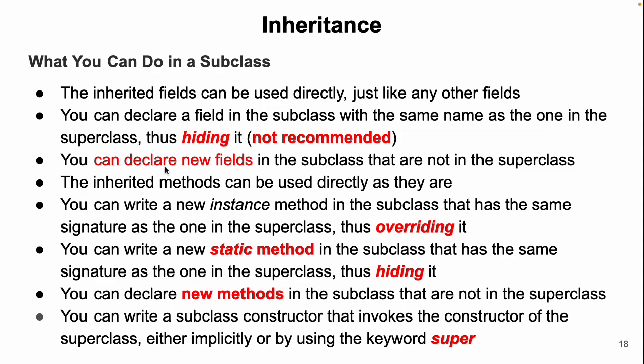And you can also declare new fields in the subclass. Apart from the data members inherited from the parent class, we can also define our own data members for the child class. Then inherited methods can be used directly. Also, we can override the methods inherited from the parent class. We already saw overloading. What is meant by overloading?